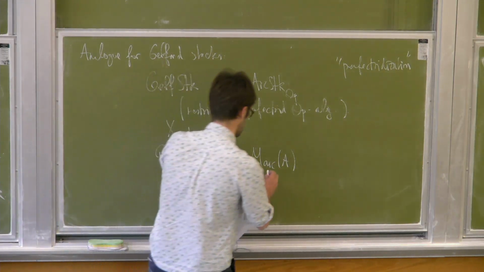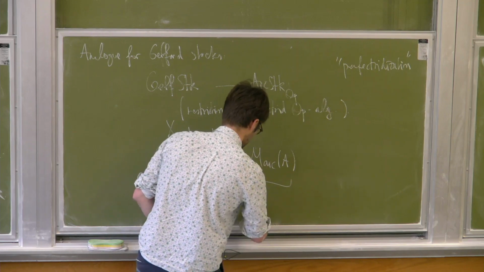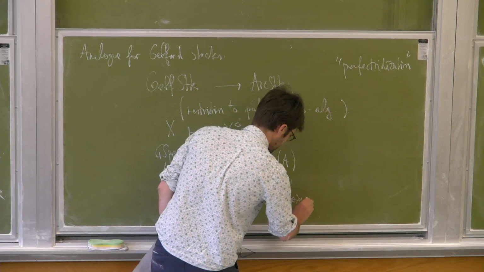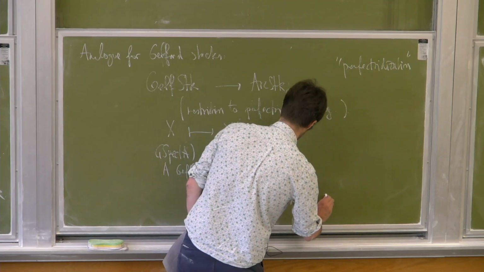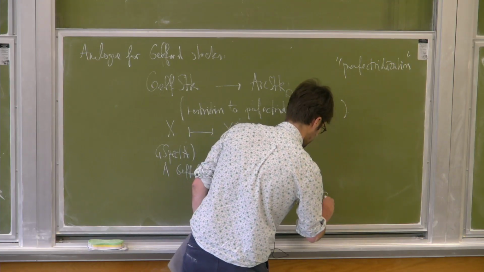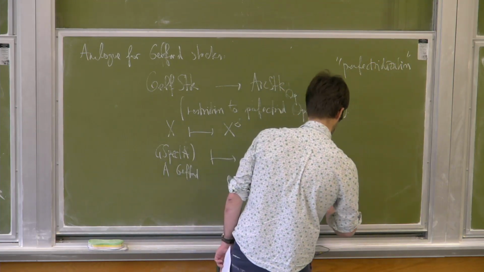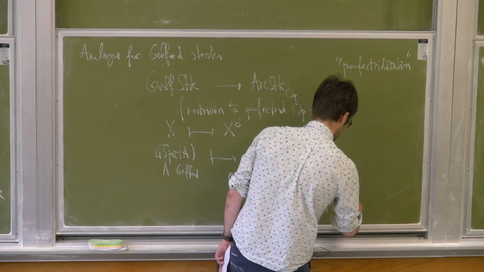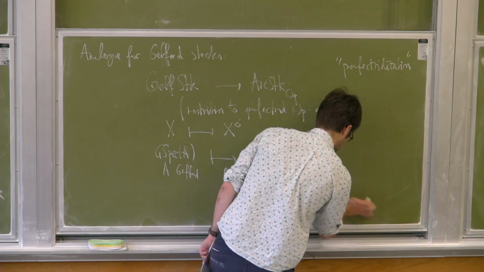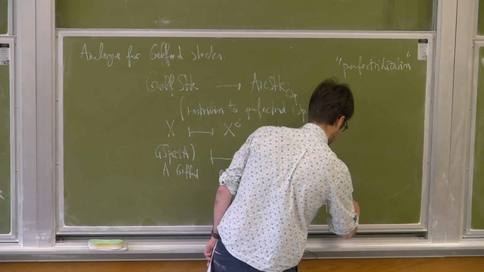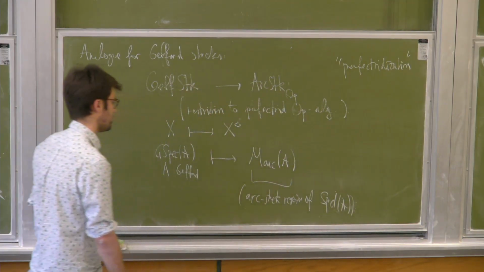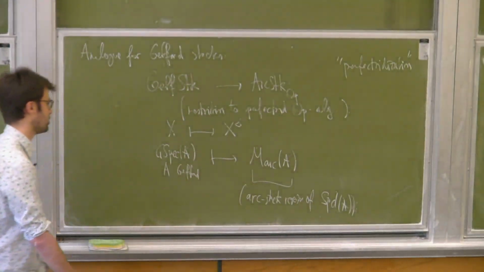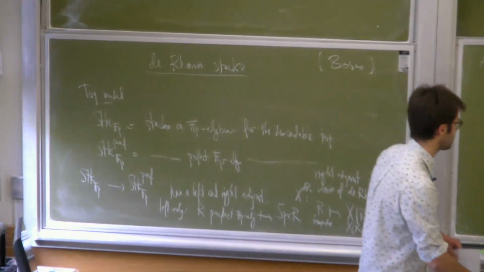So that's the arc stack notation for what you would maybe call something like the p-adic of A. If you use v-stacks, that's maybe the notation you would use. So that's a notation produced by Scholze. Yeah, so that's what this functor does.